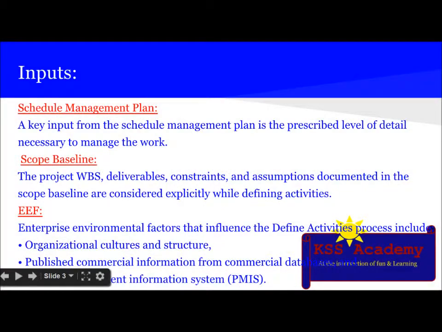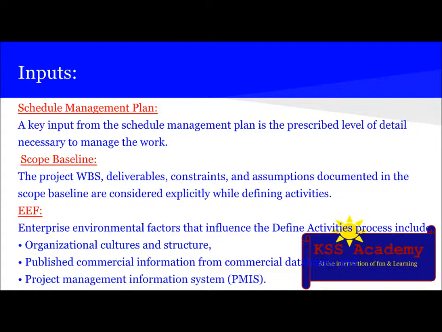So let's see what are all inputs and their details. First input is schedule plan management. I have already talked about this in detail in the plan schedule management tutorial, so you can go back to my channel and learn in detail about this. So let's see in brief.